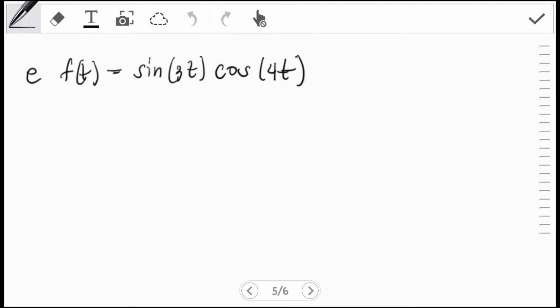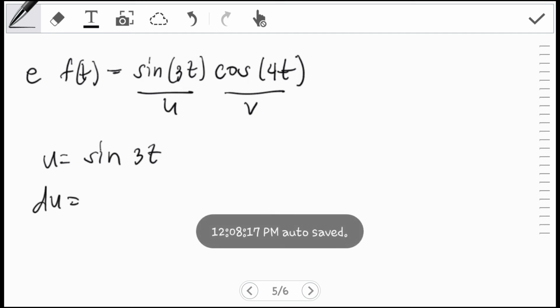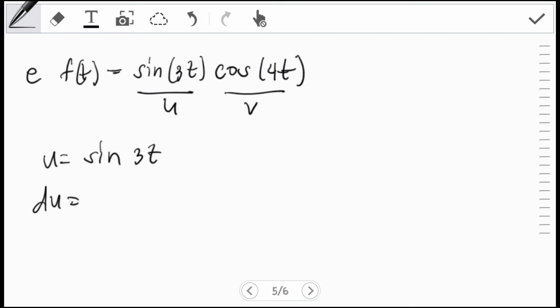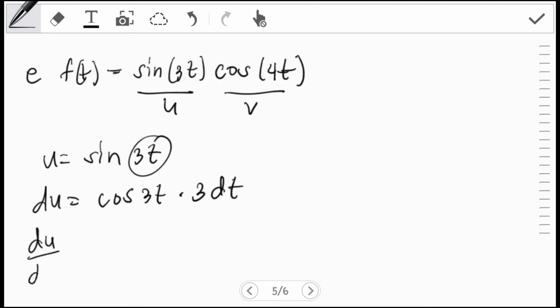Next, y of t equals sine 3t cosine 4t. So let u and then let v. Where u here is sine 3t, where du, the derivative of sine 3t, is cosine 3t times 3 dt. So du over dt is equal to 3 cosine 3t.